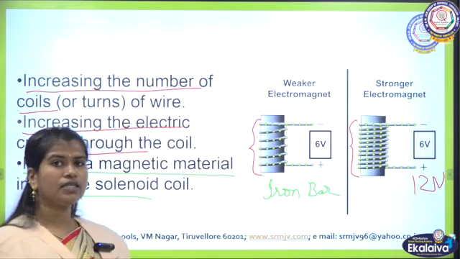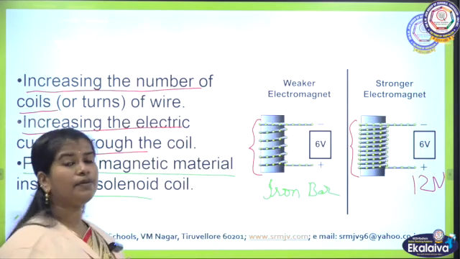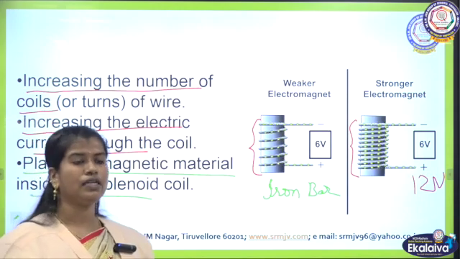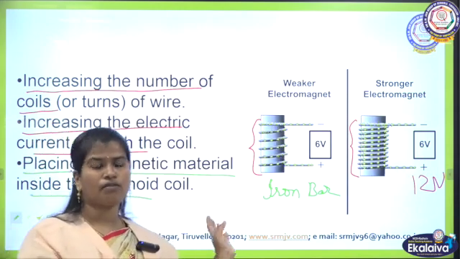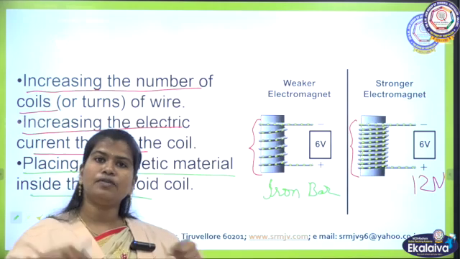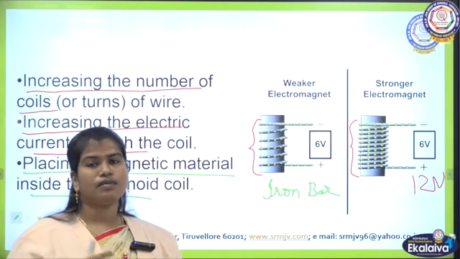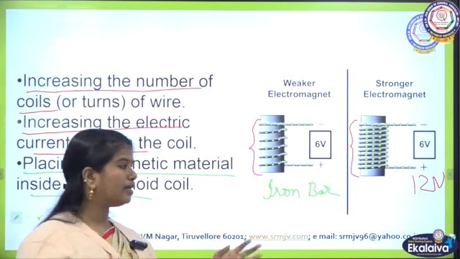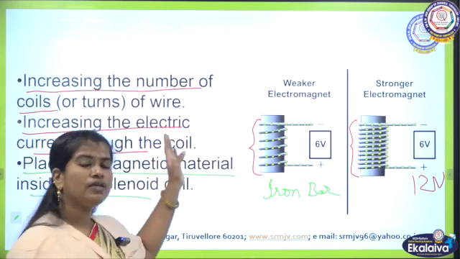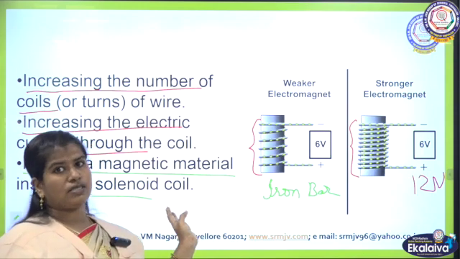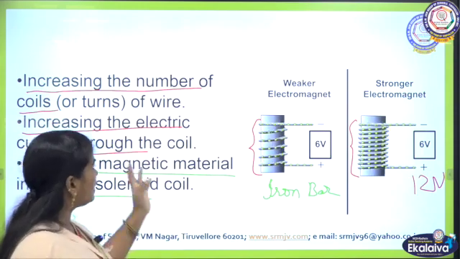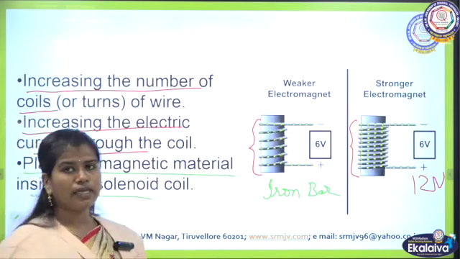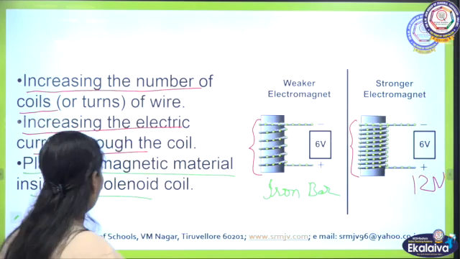If I insert the iron bar, then obviously it will become a strong magnetic field. So that is what we saw about the electromagnet. The iron nail has been wound with the conductor, and because of that, the iron nail becomes an electromagnet. In the same way, by changing these things, I can increase the strength of the electromagnet.